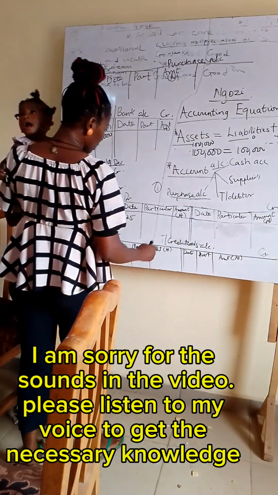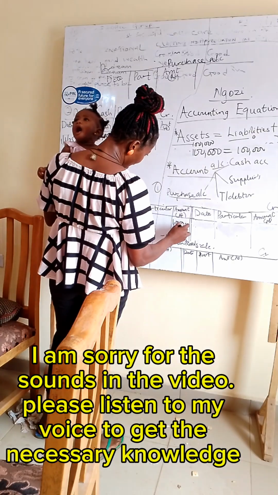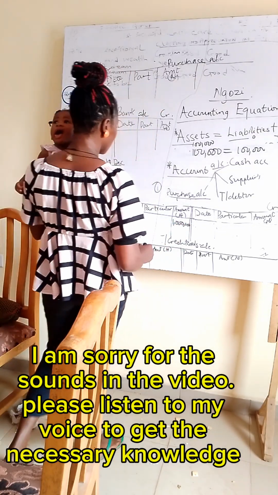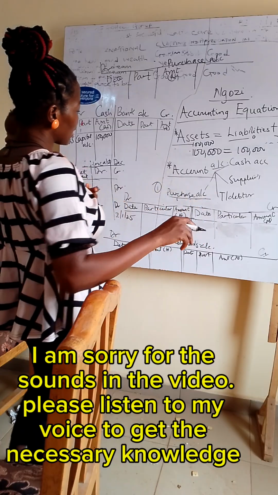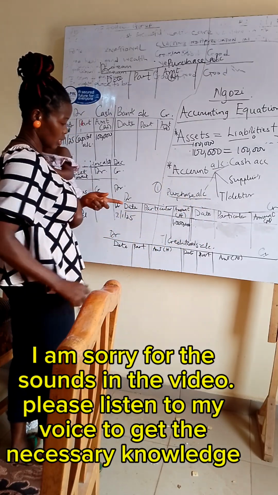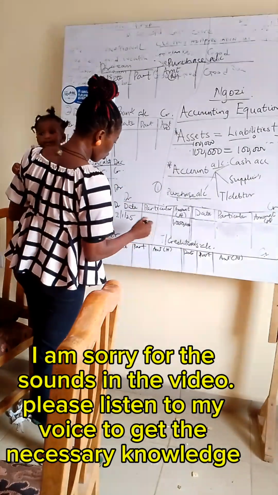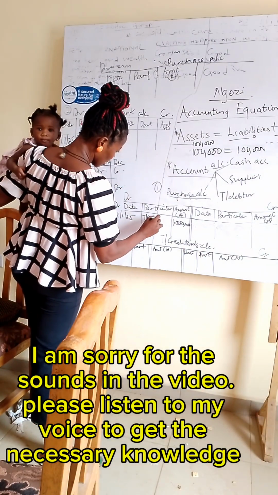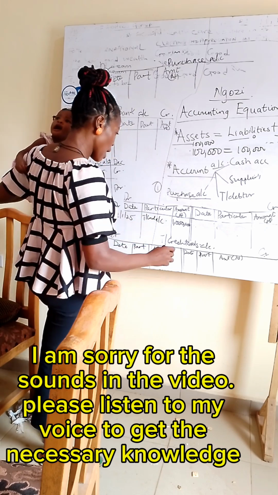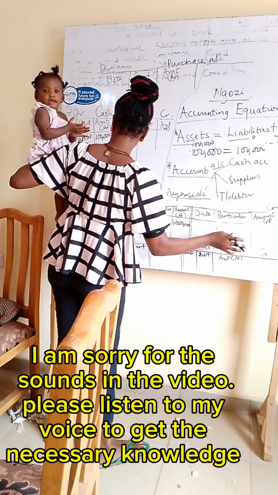So the amount you said is 1 million naira worth of goods. Now, the purchase account has been recorded only on the debit side. 1 million on the debit. The particular will be your trade creditors account. Now, what we're going to record in this section is on the credit side.